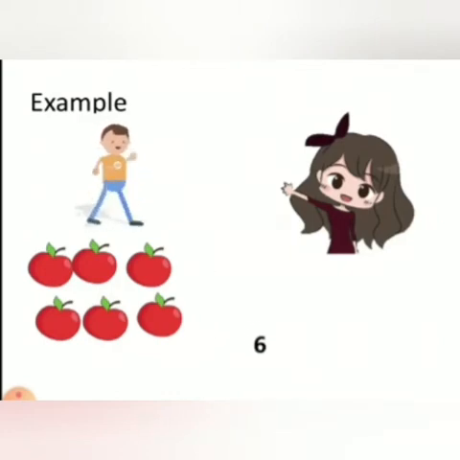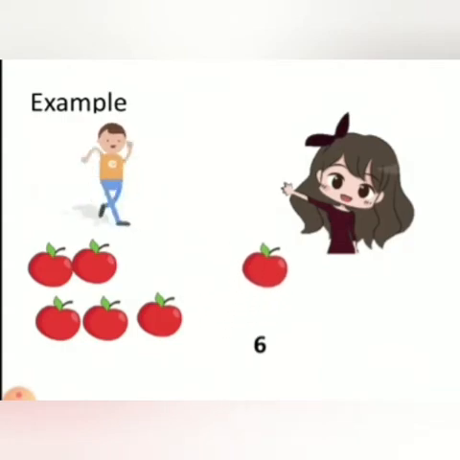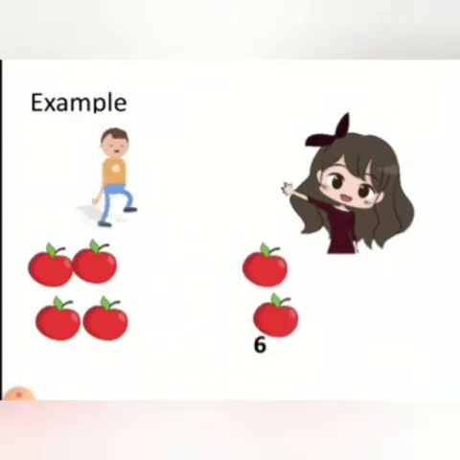He gave 2 apples to his friend. Now how many apples are left with him? 1, 2, 3, 4. Before he had 6, but he gave 2 apples to his friend. So 6 minus 2 is equal to 4.